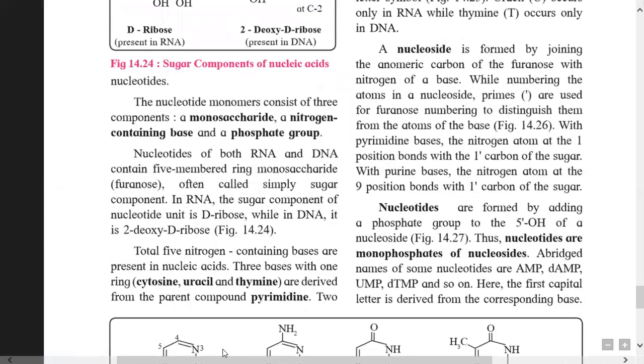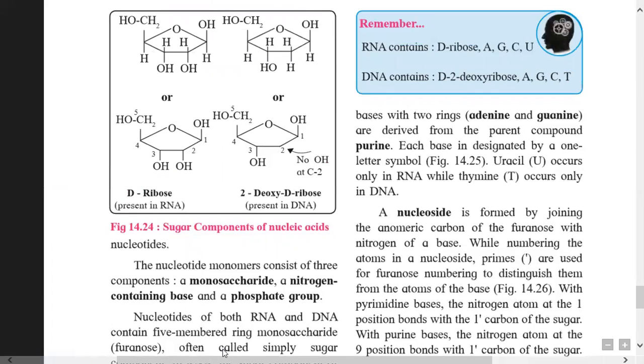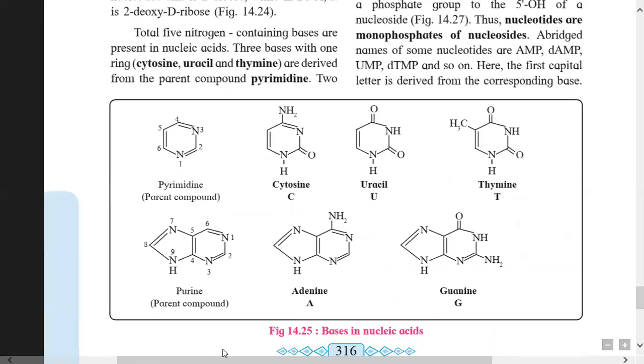Then two ring containing bases. These are adenine and guanine, and they are derived from the parent compound purine. The structures of adenine and guanine: this is a purine containing two rings. Numbering is given as 1, 2, 3, 4, 5, 6, 7, 8, 9.